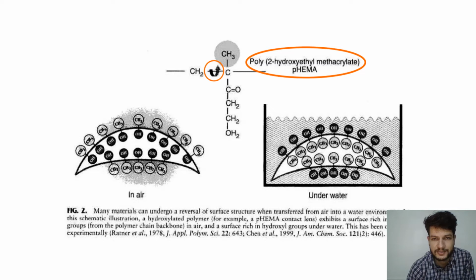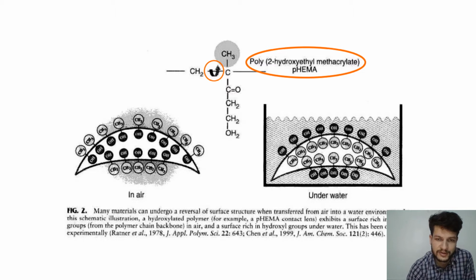This property is shown in the next slide. As you can see in this picture, this polymer, poly 2-hydroxyethyl methacrylate, has some hydroxyl groups and methyl groups. When this polymer is in air, the hydrophobic methyl groups are outside, and they interact with the air.